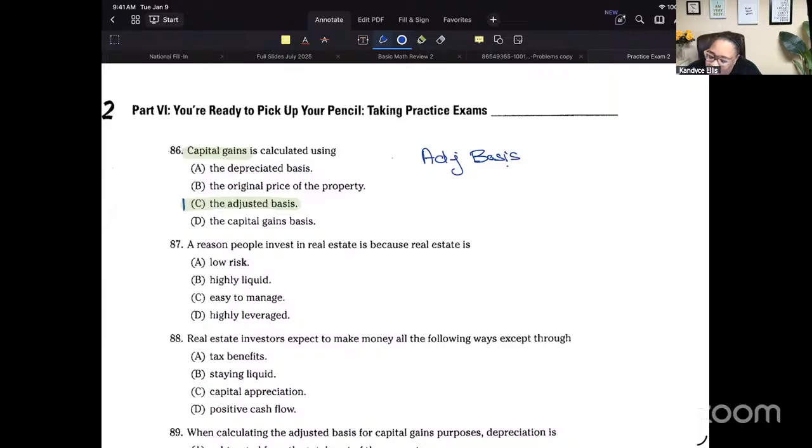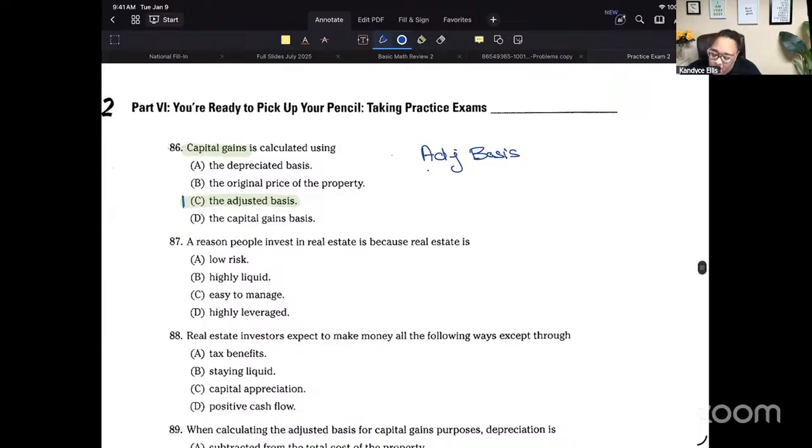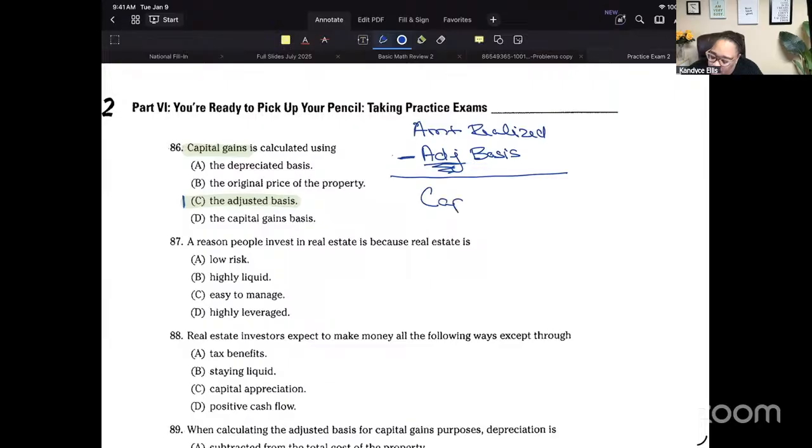Remember, the basis is what you bought the house for. And the reason we're saying it's adjusted is because you're adding in all those other costs that you had to pay to buy the house. And you're taking that amount and subtracting it from the amount realized. And then that's going to give you your capital gains.